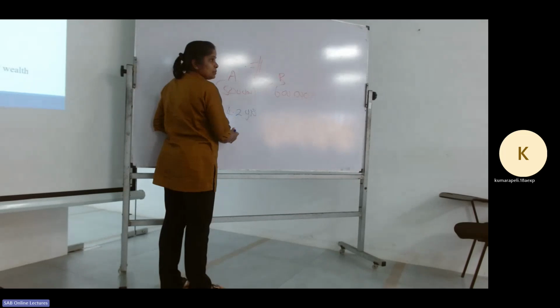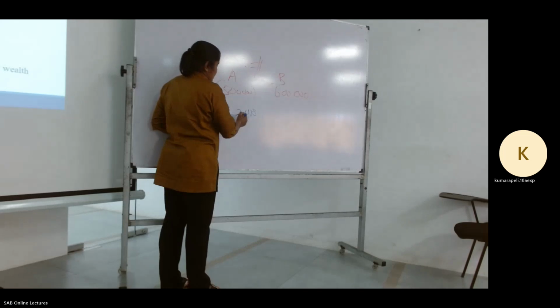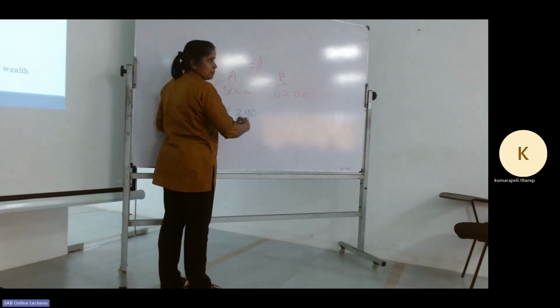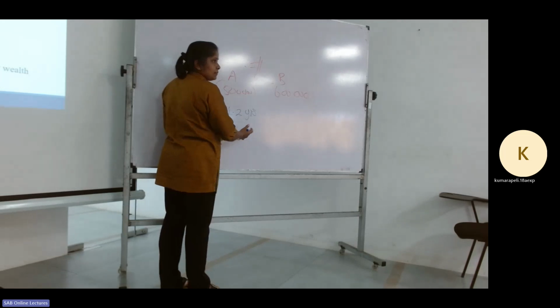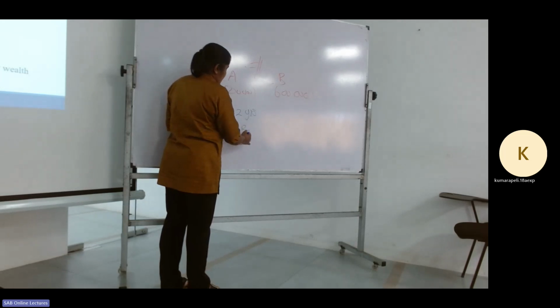If you convert this into months, it is 4 years and how many months? 0.2 times 12 gives about 2 months. So 4.2 years, or in terms of months, 4 years and 2 months.